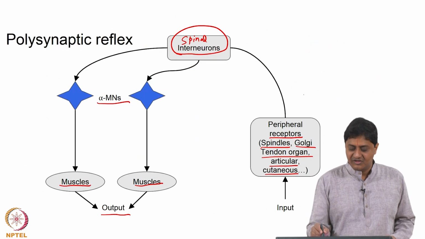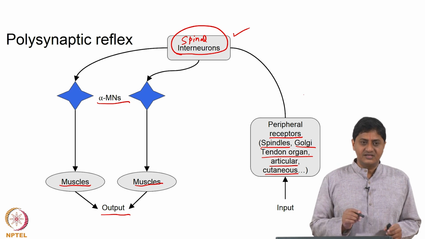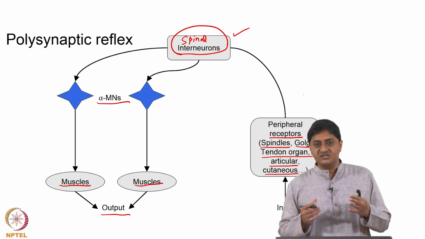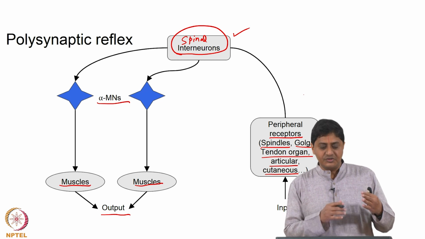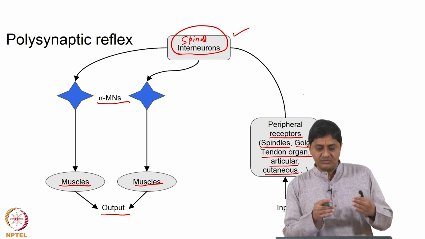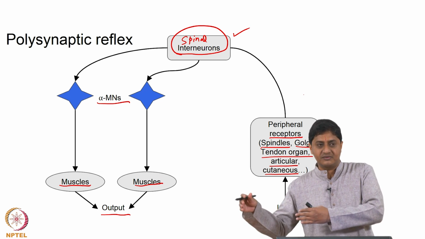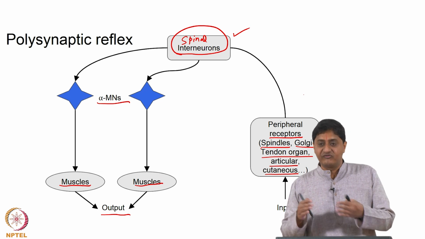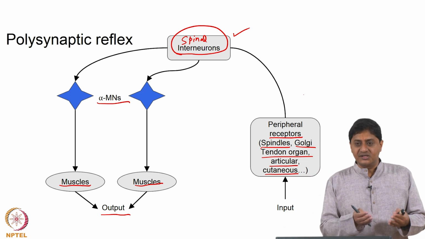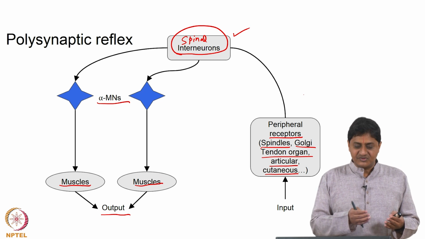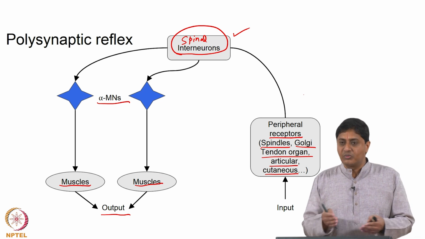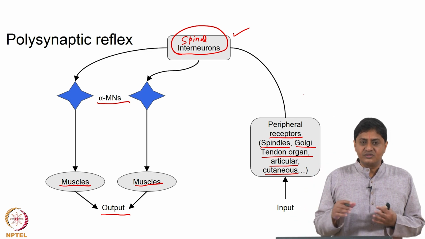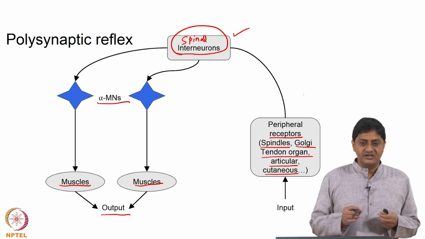So, I am going to call these spinal interneurons; they do something, depending. That also means that the response is going to be less and less stereotypical as you travel from monosynaptic to disynaptic to trisynaptic to polysynaptic, right. The response becomes less stereotypical and more flexible, and the neural circuitry involved goes from simple to more and more complicated. Okay. And so, at approximately here the classical neurophysiological approach reaches its limits.